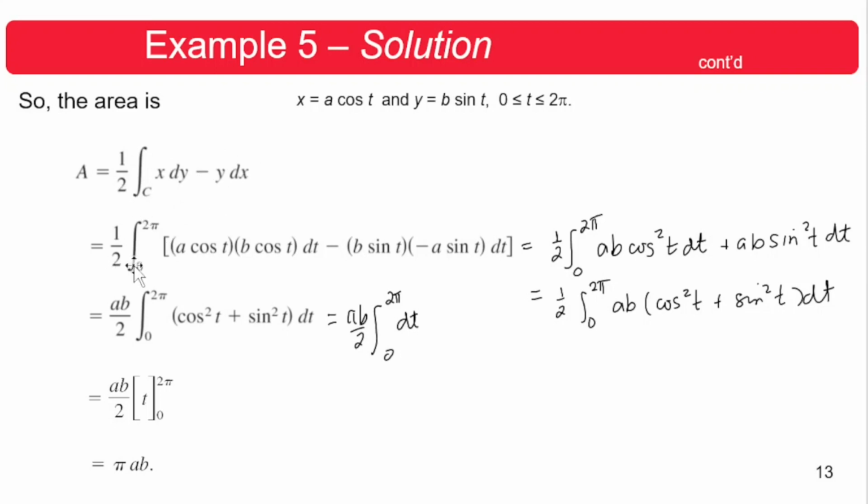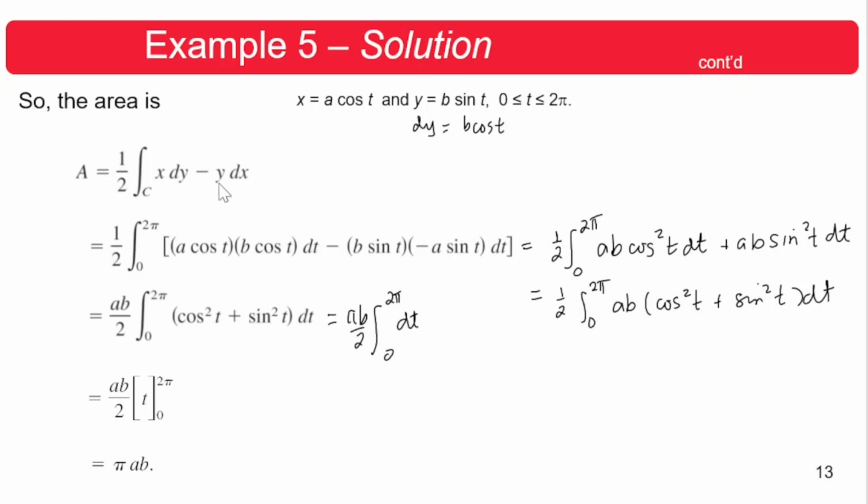So we have 1/2 times the integral of x dy, where x is a cosine t, and then dy is the derivative of y equals b sine t. Okay, so this is dy equals b cosine t.